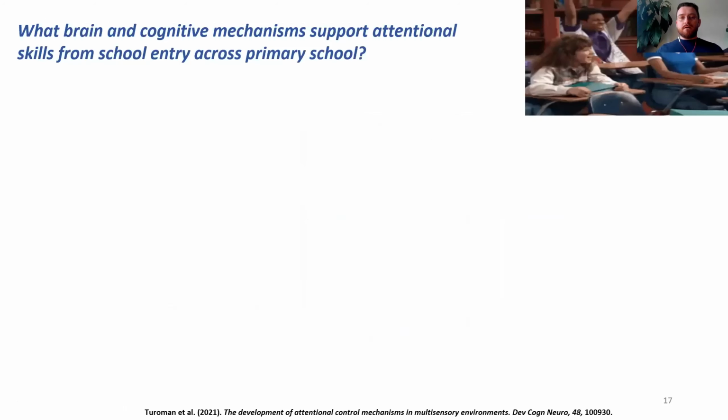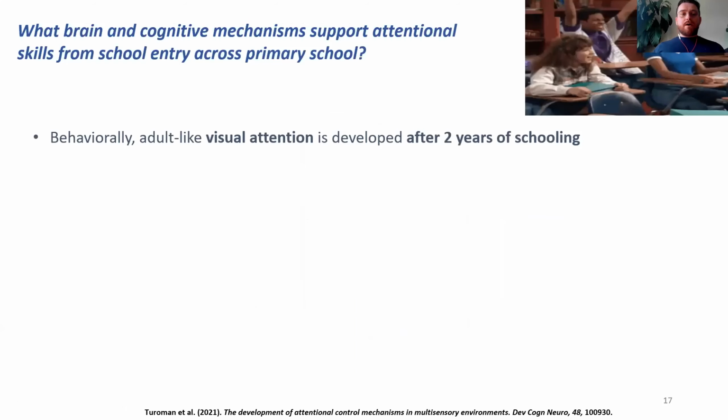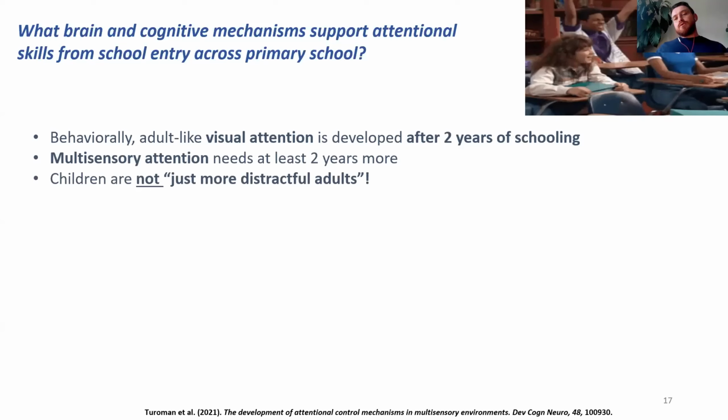So just to summarize very quickly what we have learned: behaviorally, adult-like visual attentional skills seem to be developed already after 2 years of schooling, while sensitivity of attention to multisensory stimuli seems to require at least 2 years more. We haven't seen it reliably in the whole group of 9-year-olds, which goes against this very traditional and intuitive assumption that children are just more distractible adults.